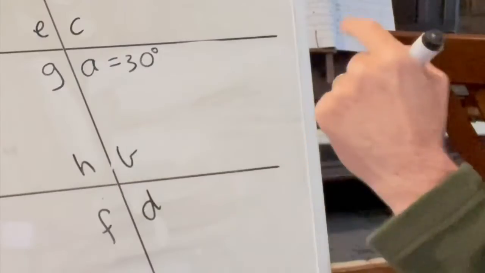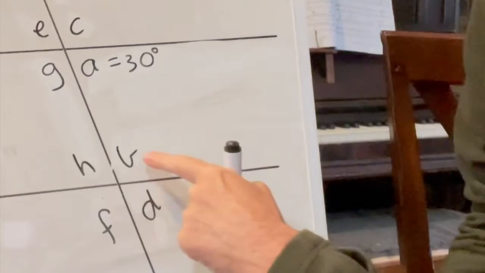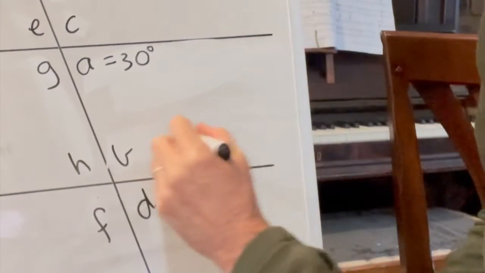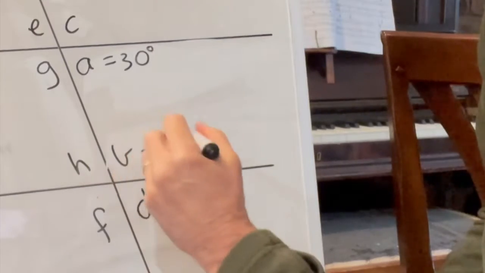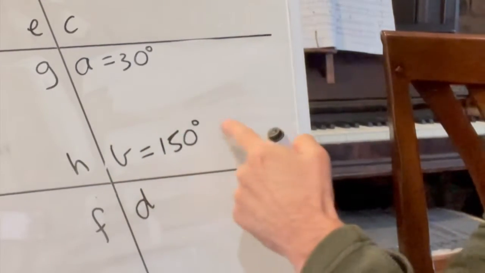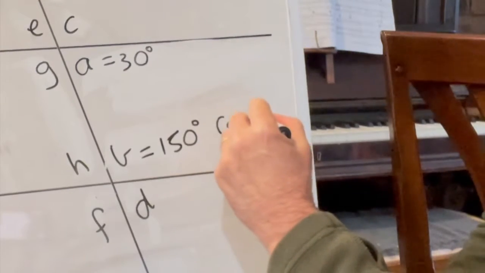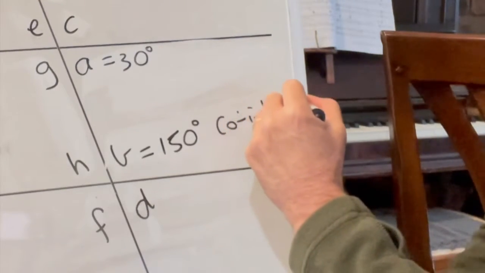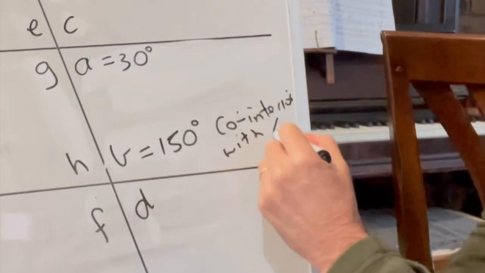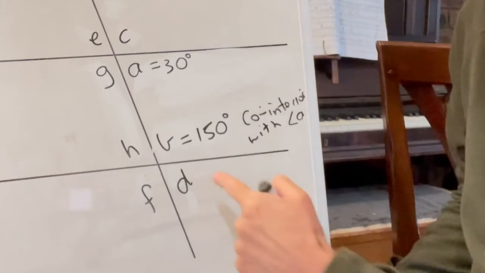So for example, if you're asked what was angle B here, okay, we could say here that angle B is equal to 150. And why can we say that? Because it is co-interior with angle A, okay? What about D?